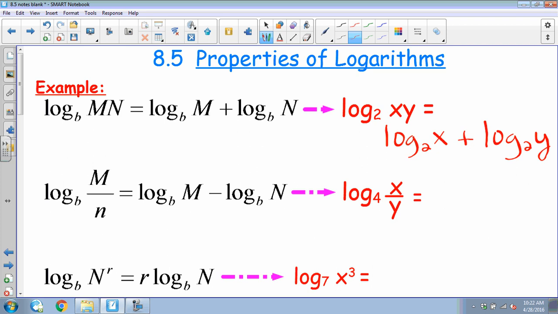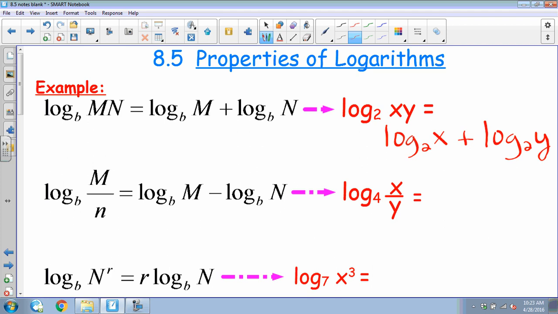Okay, that's that property. If you have the log of 2 things that are multiplied together, it expands to addition: log of the first thing plus the log of the second thing. That's multiplication. Now we look at division.